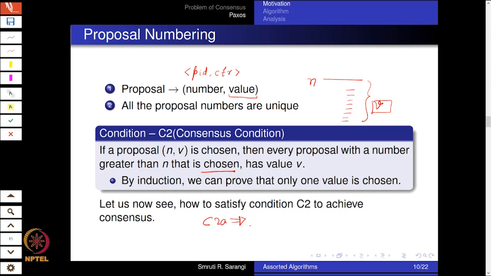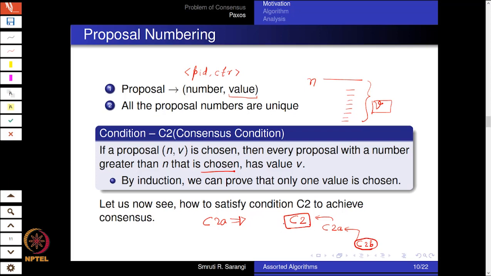So what did we do? We wanted to ensure C2. To ensure C2, we tried to ensure C2a. To ensure this, we created C2b. And so if we can ensure C2b, it will ensure C2a, which will ensure C2.